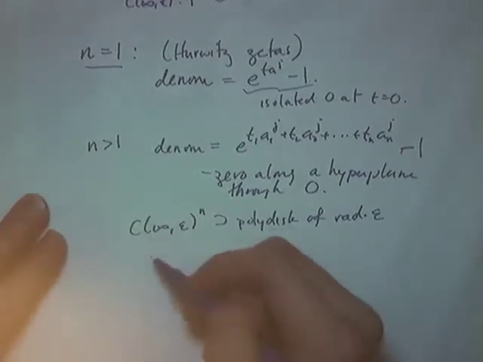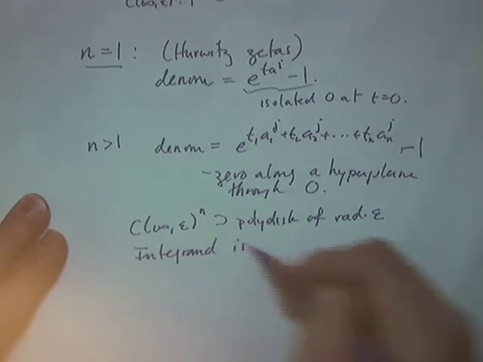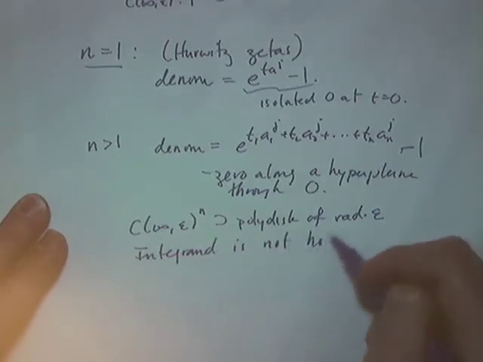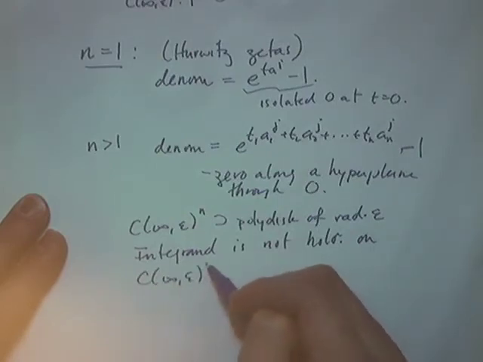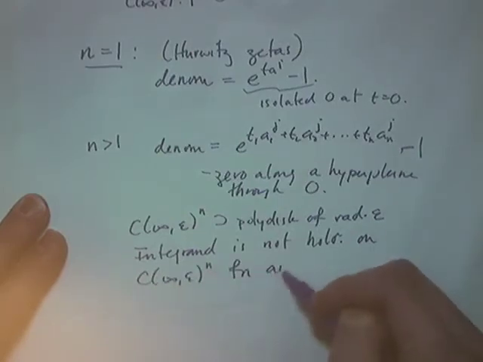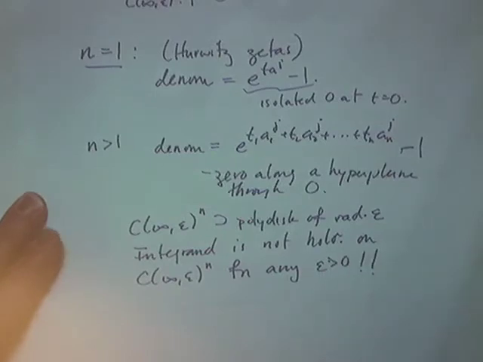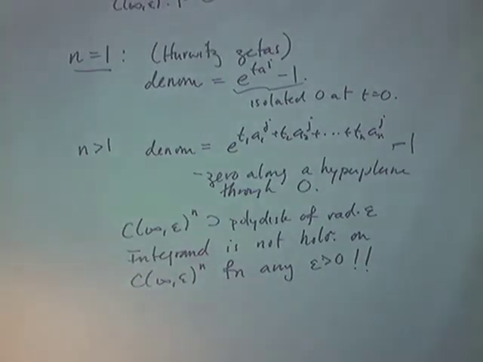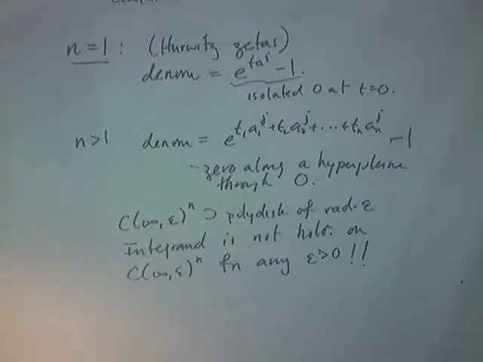So the integrand is not holomorphic on C of epsilon of infinity epsilon to the n for any epsilon. Which means that, well, Riemann's method seems to have just broken down. Shintani's insight was how to fix this problem.